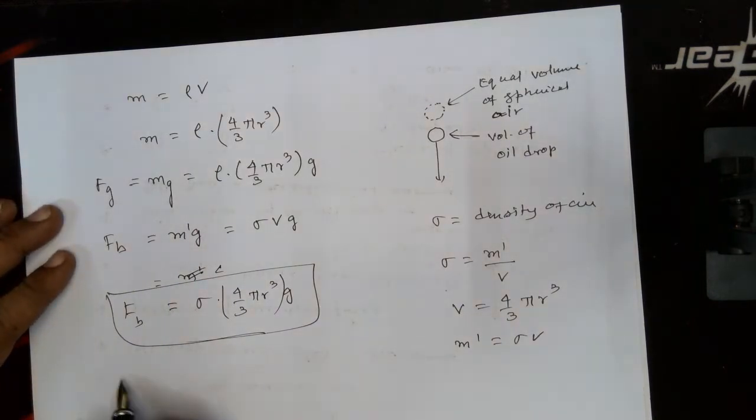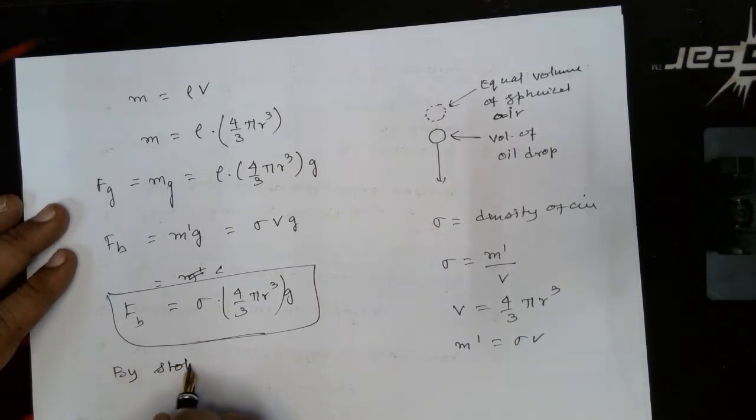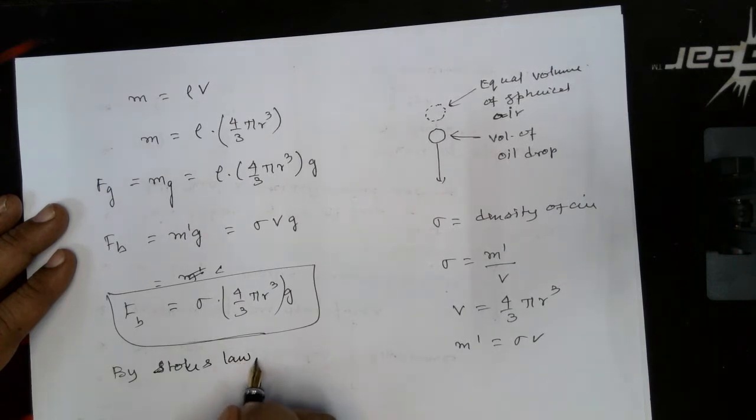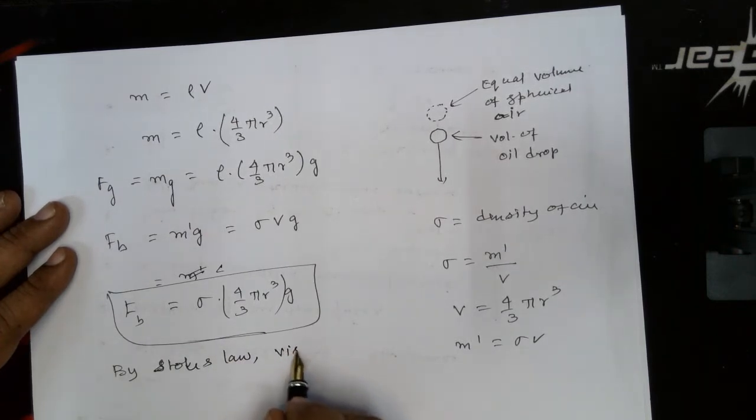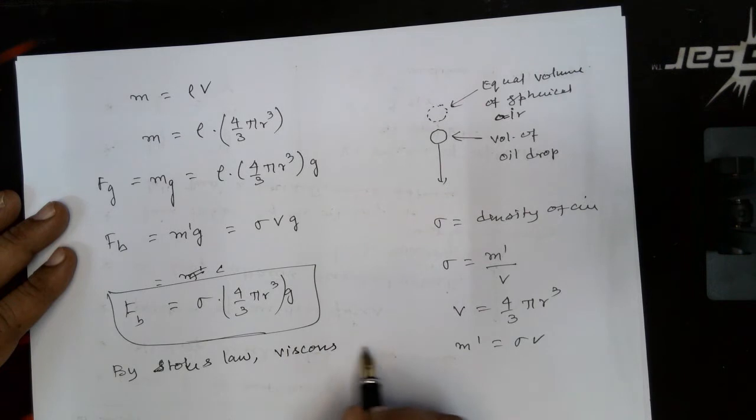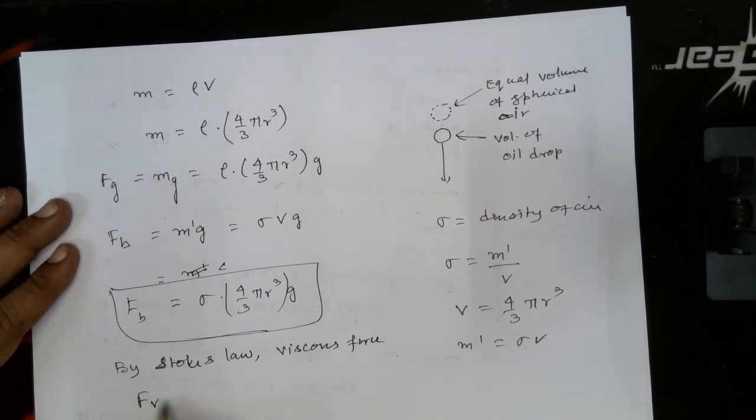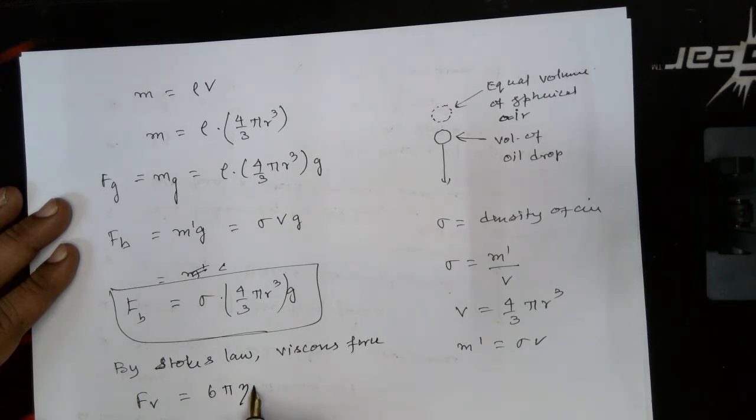By Stokes' law, the viscous force is given by 6 pi eta r into terminal velocity.